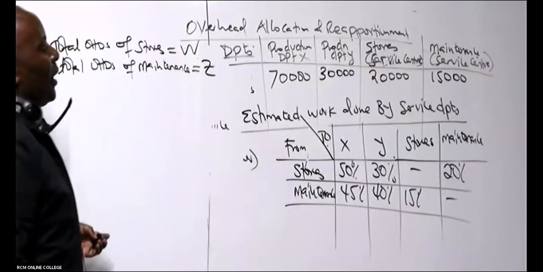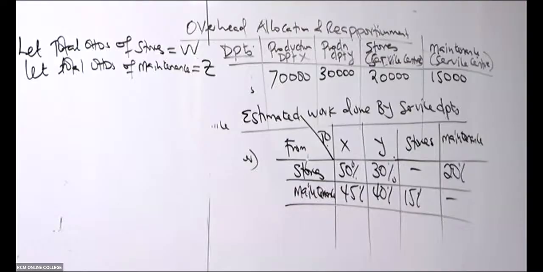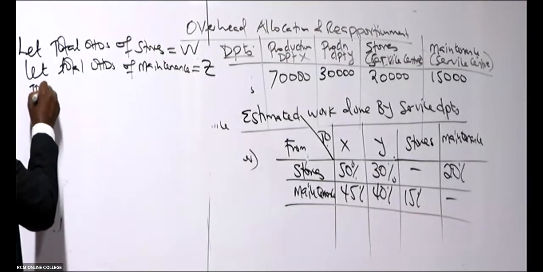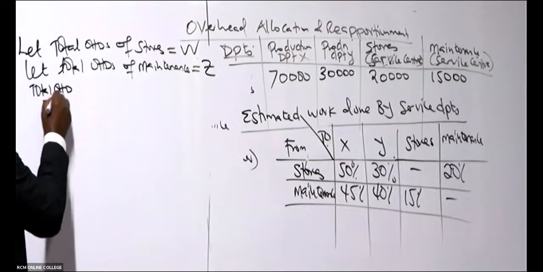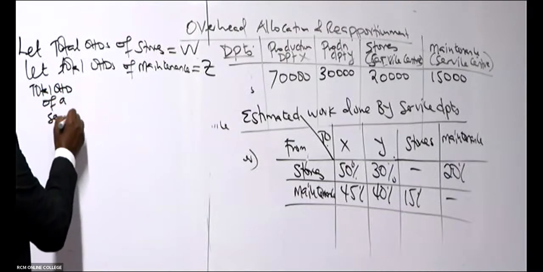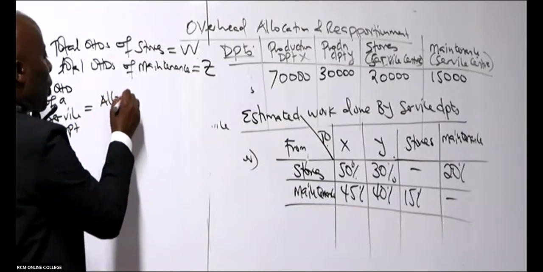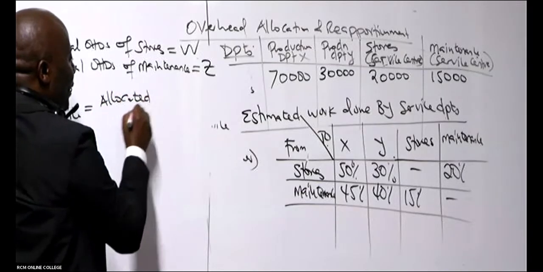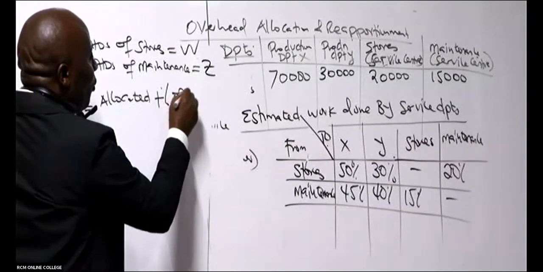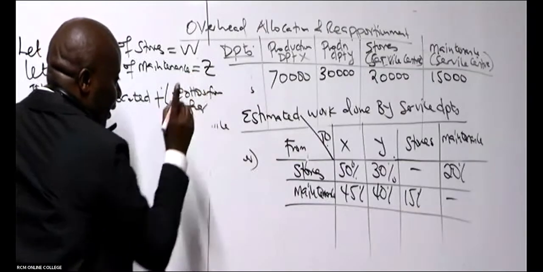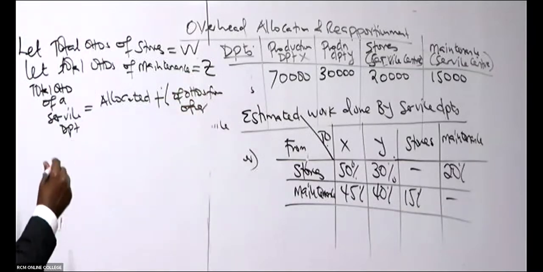Yeah, Z. And what has the teacher just told you? That the total overhead of a service department will always be equal to allocated plus a percentage of overheads from where? From other departments, isn't it?